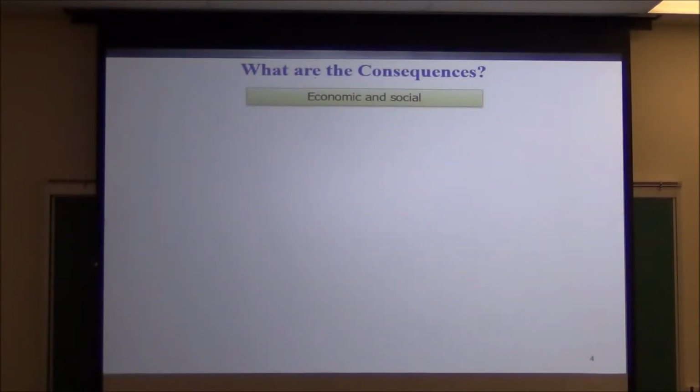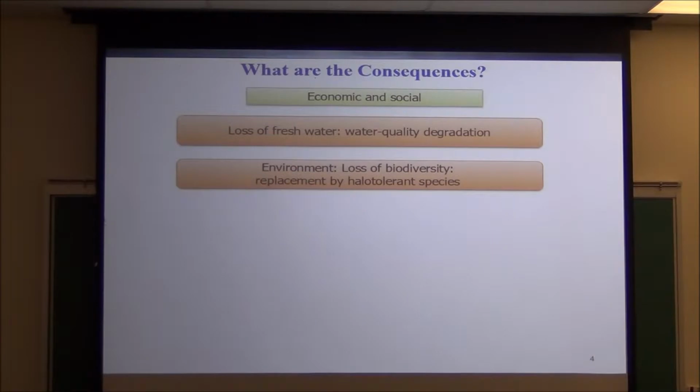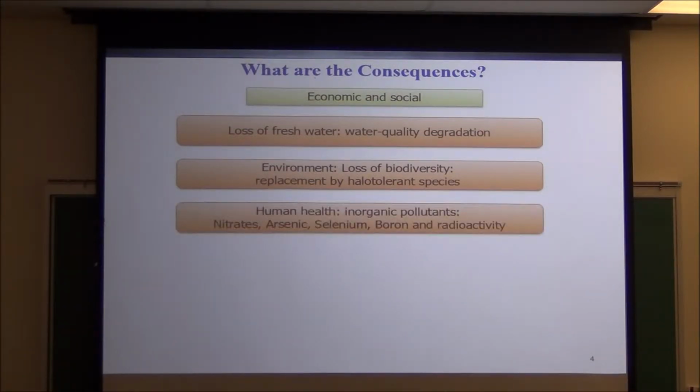What are the consequences of this increase in salinity? We have economic and social consequences such as loss of fresh water and deterioration of water quality, consequences on the environment, and loss of biodiversity and replacement by alternative species.